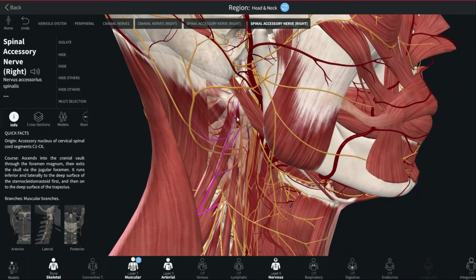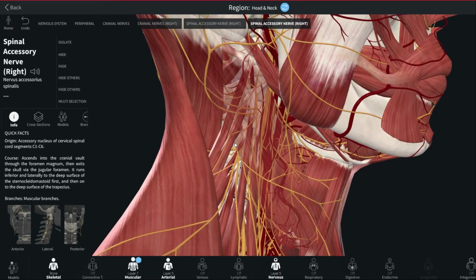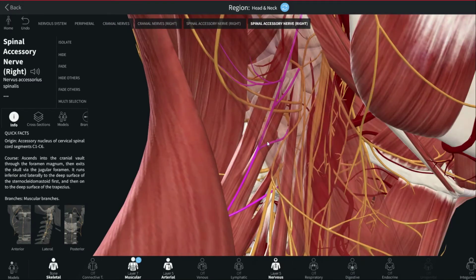It will actually supply the sternocleidomastoid. If you remember the nerve supply of sternocleidomastoid, you will remember the spinal accessory nerve supplies it, right? And then, amazingly enough, it will emerge out through here from the posterior border of the sternocleidomastoid.